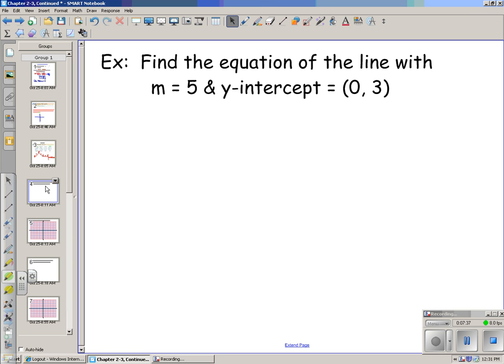Find the equation of the line with slope equaling 5 and a y-intercept equaling (0, 3). Now, I've given you one equation, haven't I? What is that equation? y equals mx plus b.